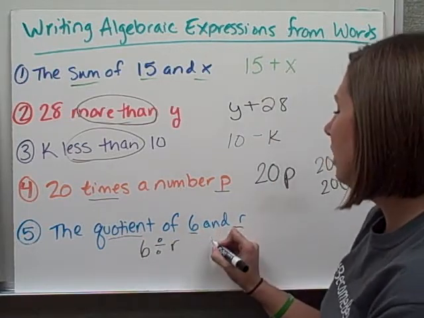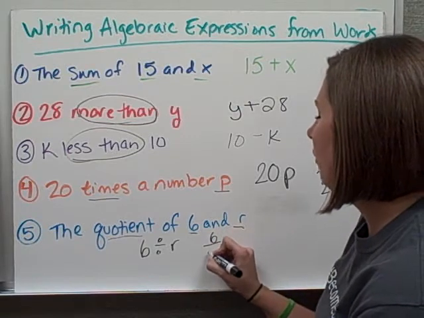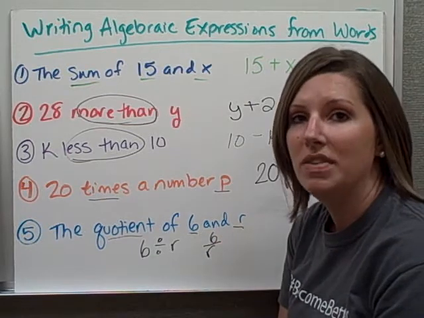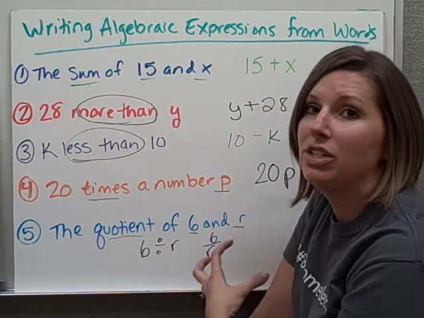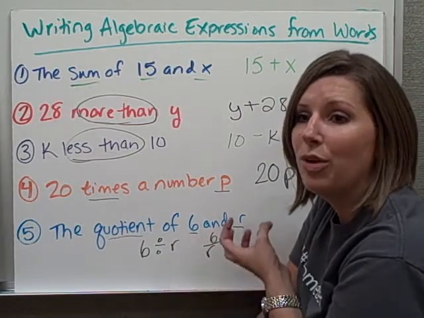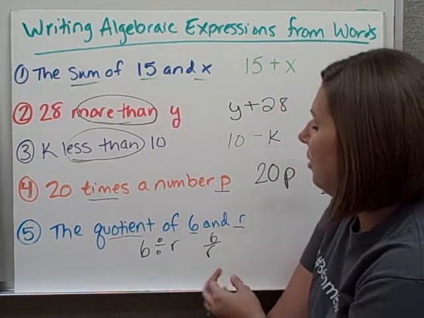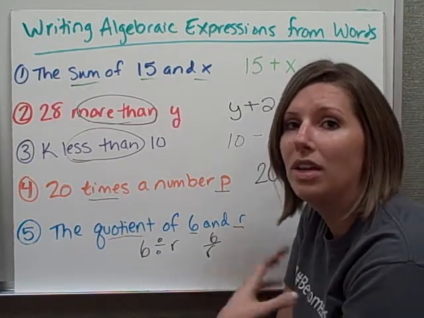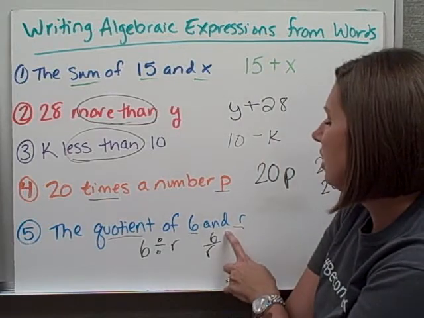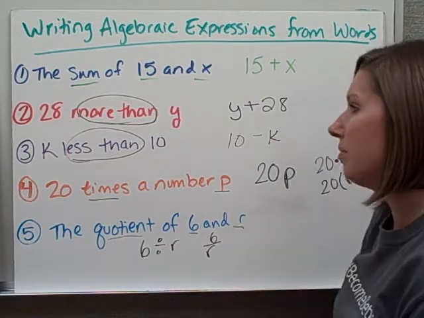Let's start using a fraction bar to represent division. That's really what fractions are: fractions are representing division. So let's start using that because you're going to see that a lot in the coming years. So 6 divided by r.